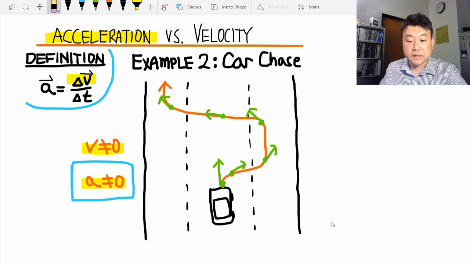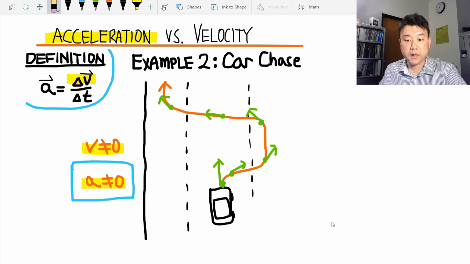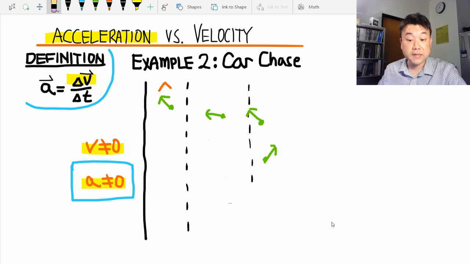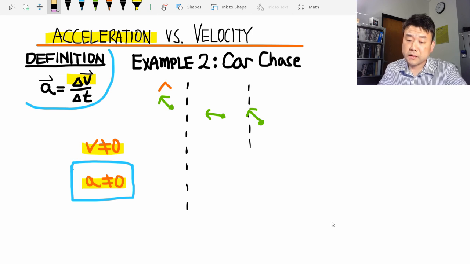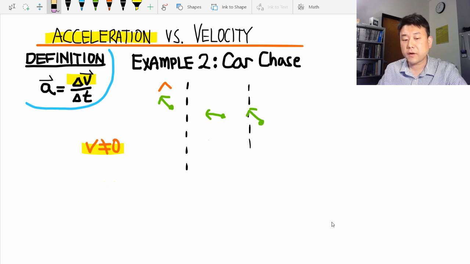So I hope this example is helping you realize that when you are feeling motion, what you should look out for is acceleration, not velocity. But it is a fact that so much of our intuition about motion is tied in with velocity. We feel like if something is not moving, velocity zero, that there's no motion happening.